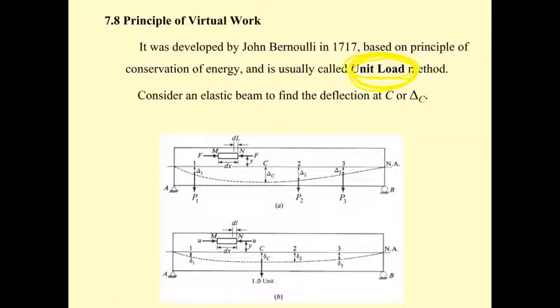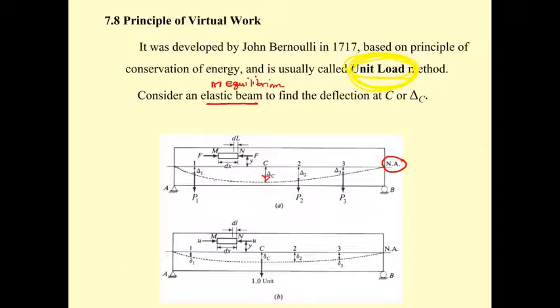Let us just consider the beam. This elastic beam is in equilibrium. That means it's static. It won't move under the force. And let us consider the case when we would like to determine the deflection at C. Under any kind of force, this neutral axis, which represents the elastic curve, is going to deflect like this.